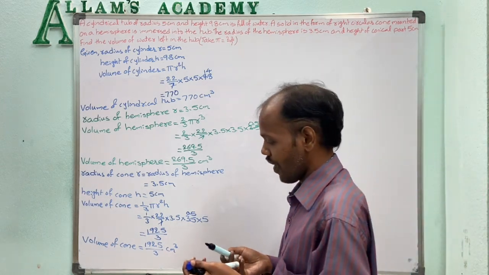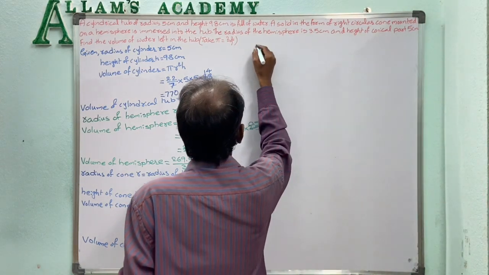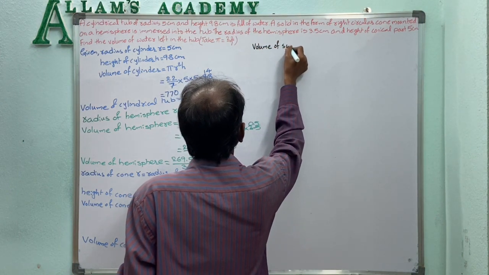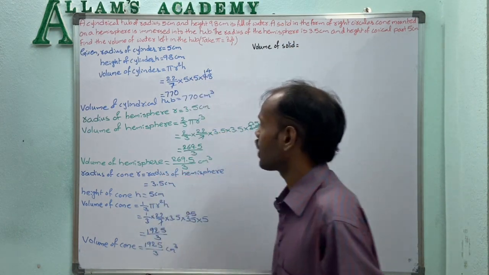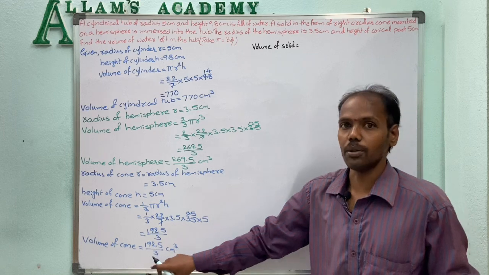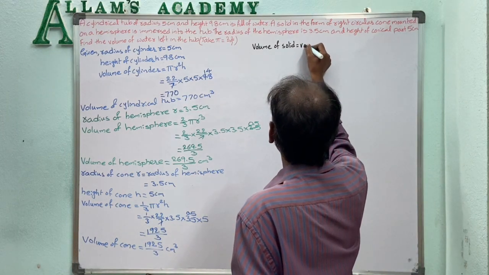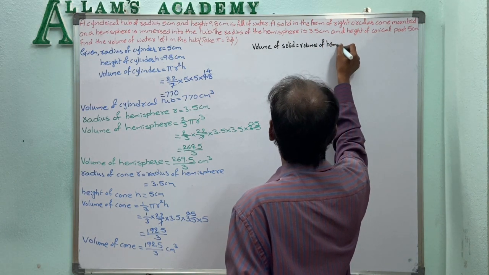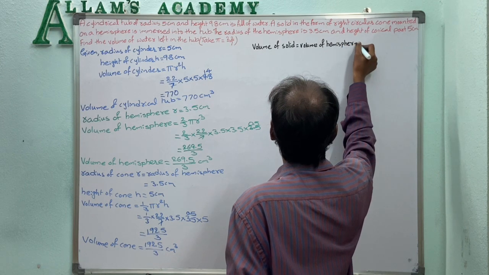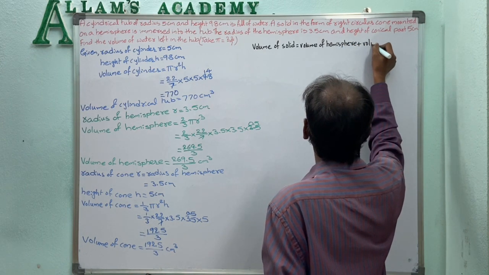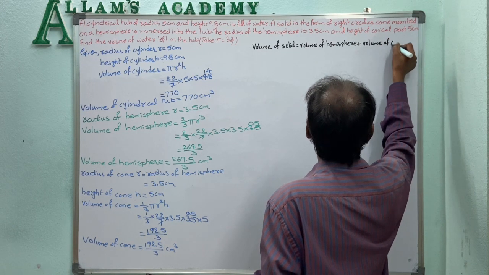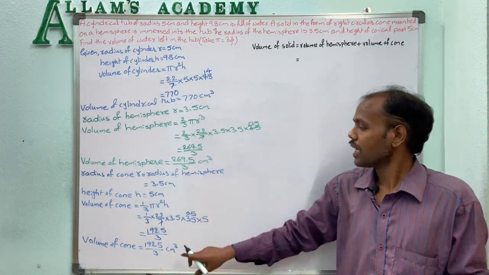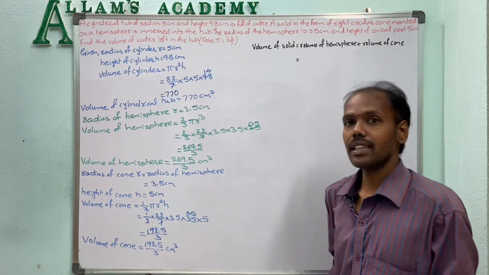So we are finding the volume of solid, that is equal to volume of hemisphere plus volume of cone, that is equal to 269.5 by 3 plus 192.5 by 3.